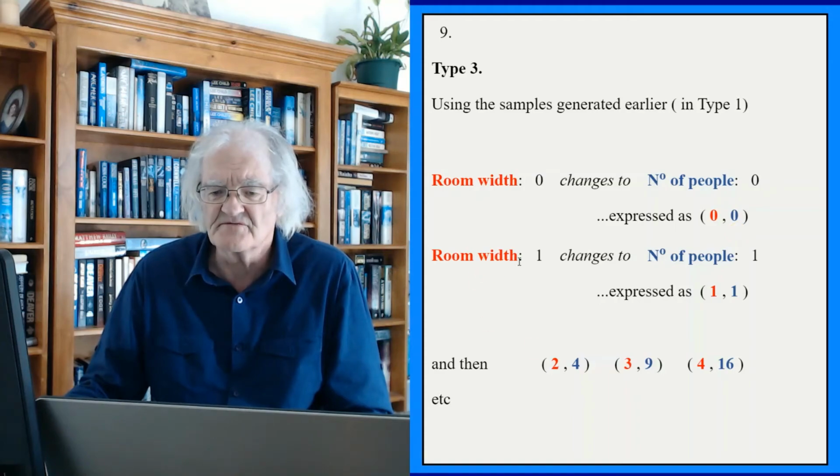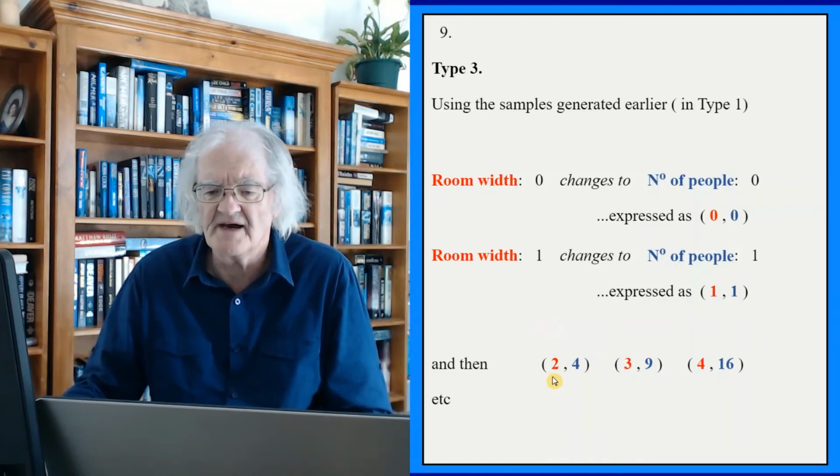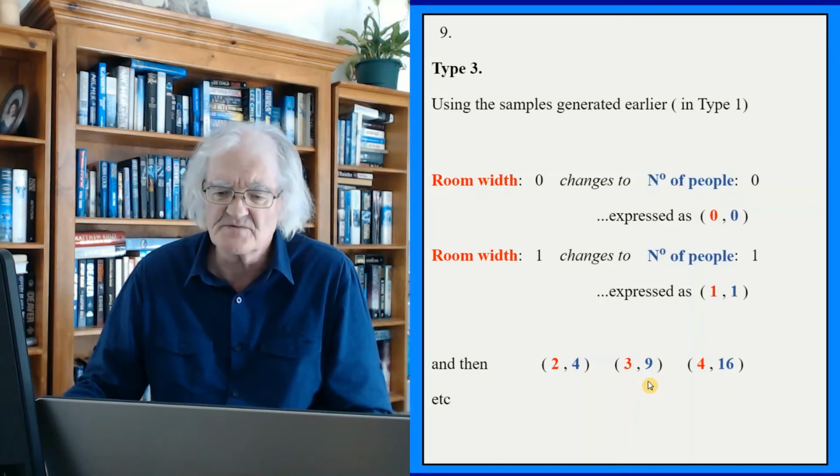Now if we change the room width to 1, the number of people would be 1. We express that as 1, 1. And then as we make the room wider, a width of 2 accommodates 4 people, a width of 3 accommodates 9 people, as we said previously, and you can make more examples.